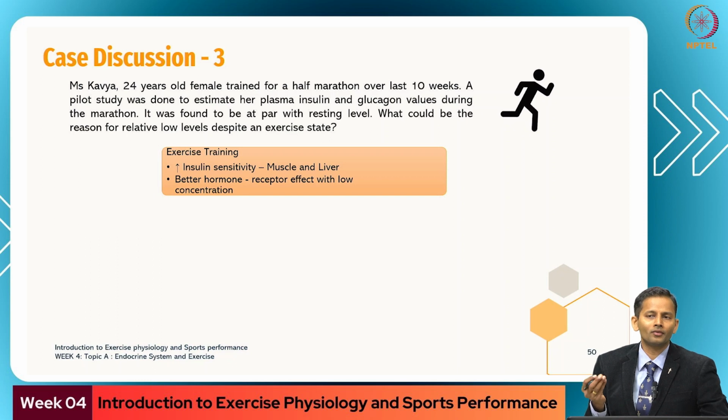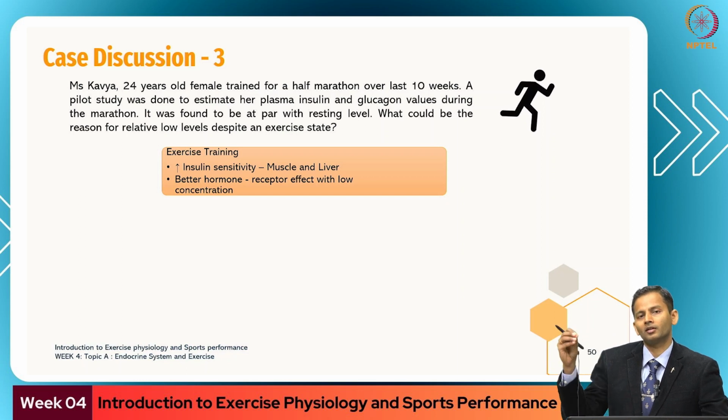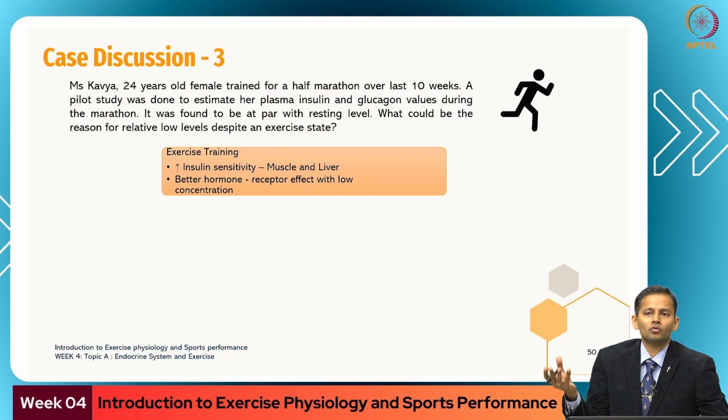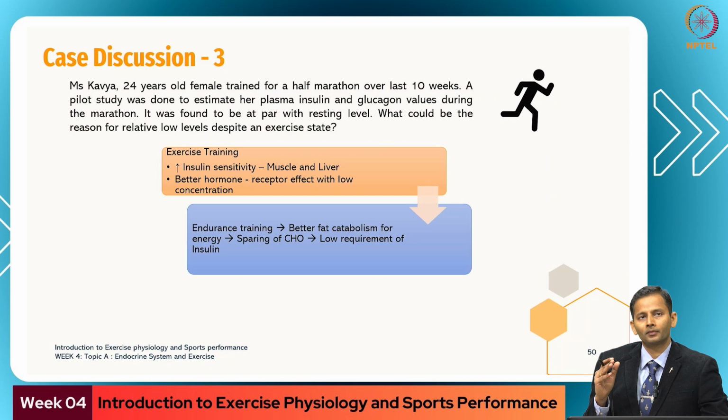So basically, because of increased insulin sensitivity, the low level of insulin itself is able to trigger the receptor, form a strong and increased affinity hormone receptor complex, which delivers the desired action, which would have been done by more level of hormone which is available in the blood. So that is an important adaptation that happens with endurance training for a period of time.